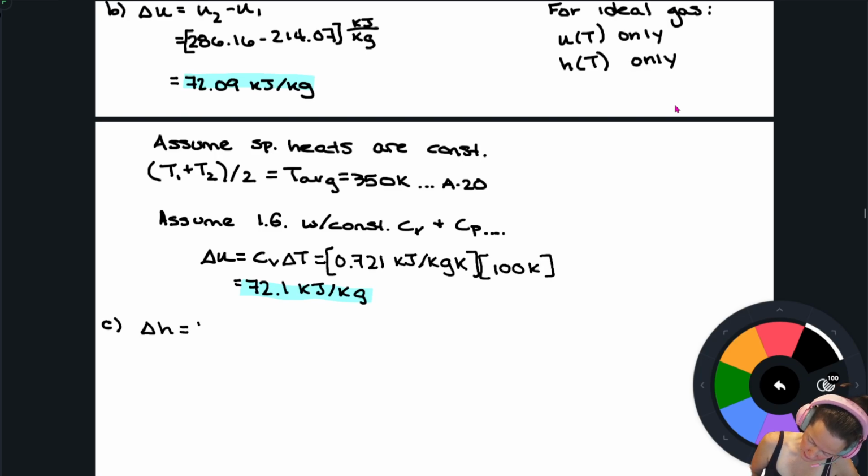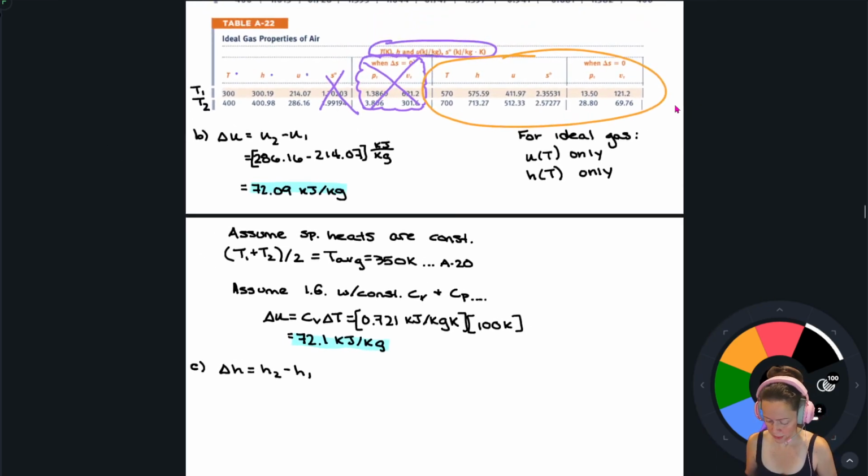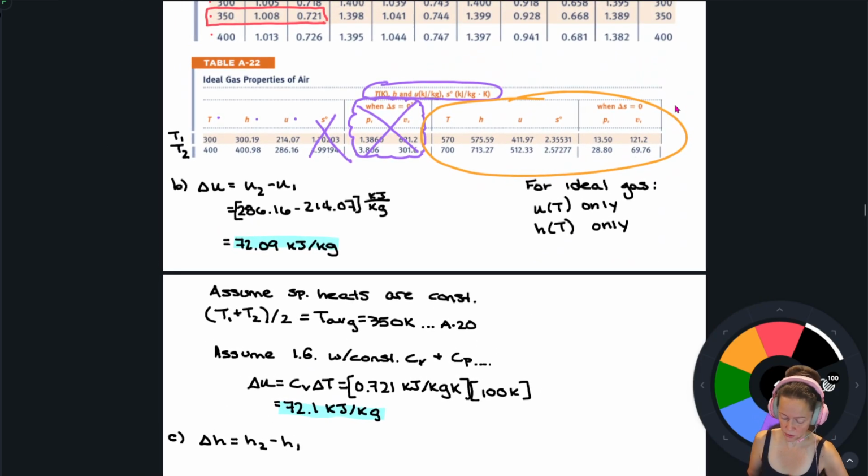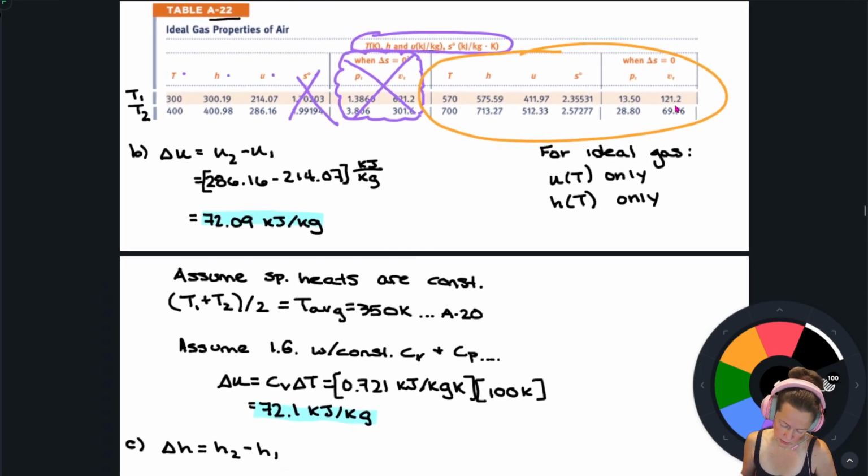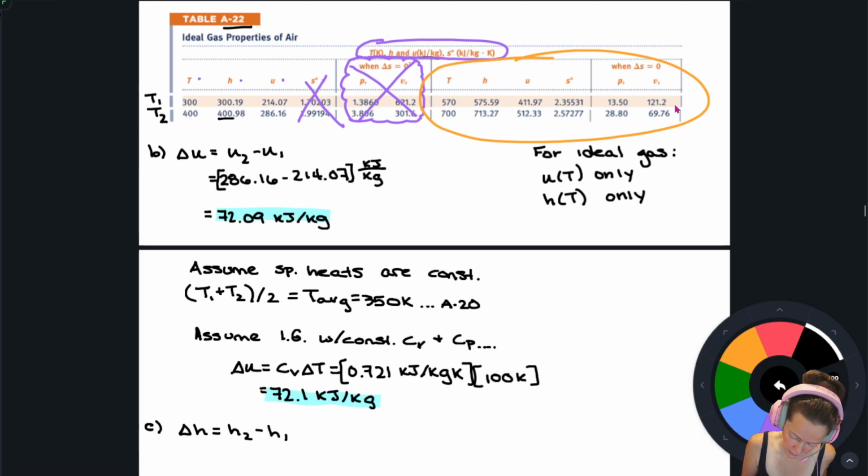All right, delta H, H2 minus H1. So again, if we're not assuming specific heats are constant, we can look those properties up in A22. So here we go. 400.98 and 300.19. So 400.98 minus 300.19, I get 100.79.